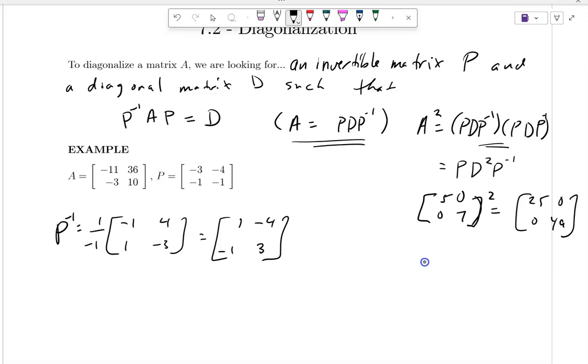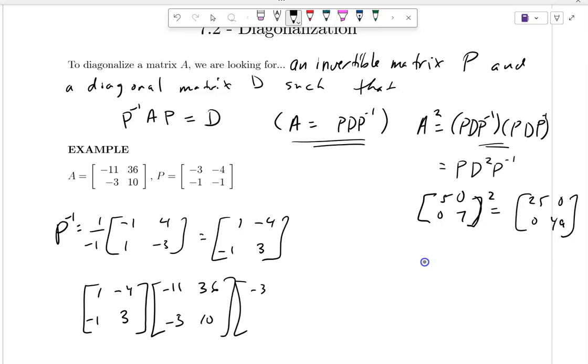Okay. So if I do 1, negative 4, negative 1, 3 times negative 11, 36, negative 3, 10 times that other matrix, rather than doing this all by hand, we do it this way. Oops. No, this would be quicker if I knew what I was doing. So A is negative 11, 36, negative 3, and 10.